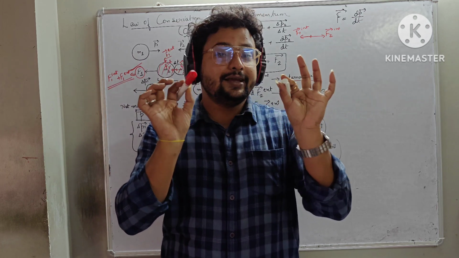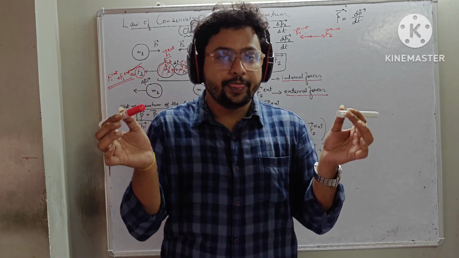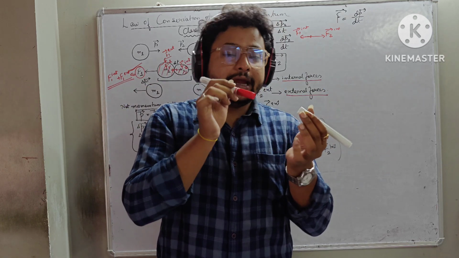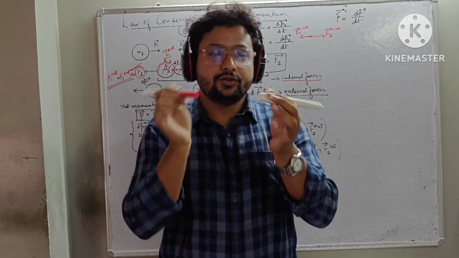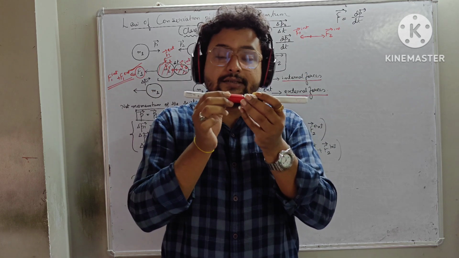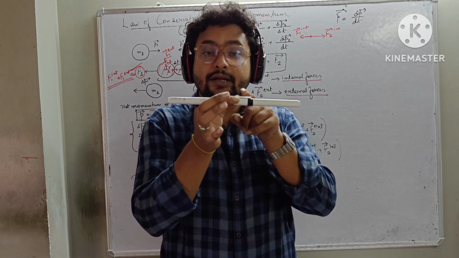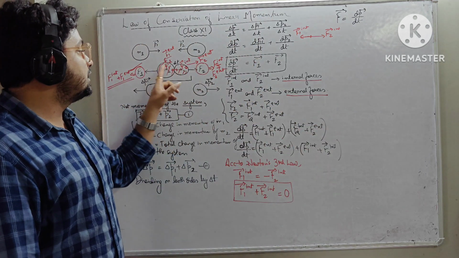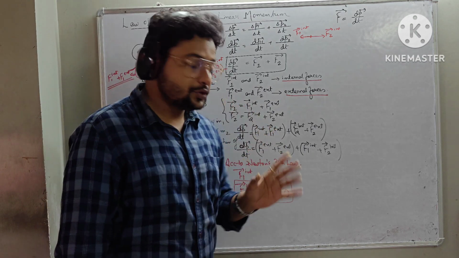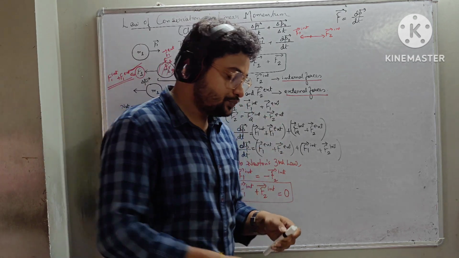But if I take these two bodies separately, then a force will be acting individually on both the bodies. Once I consider these two bodies to be part of a system, these two forces are going to cancel out each other, because F1 internal plus F2 internal will give us 0.